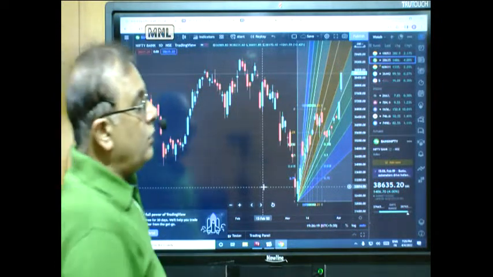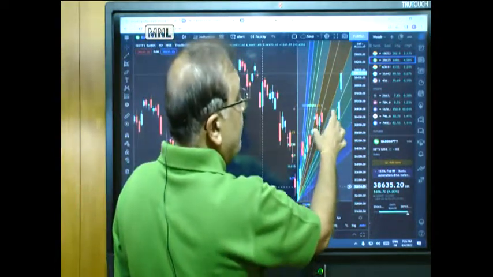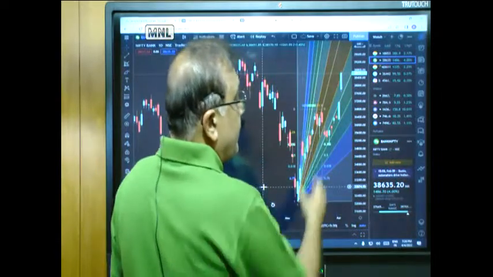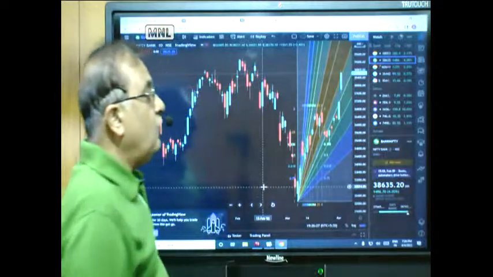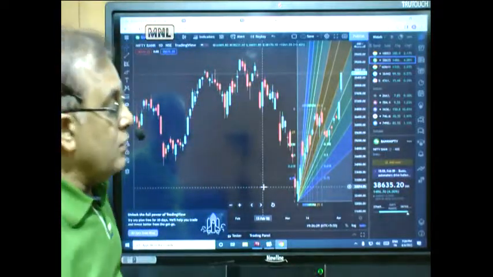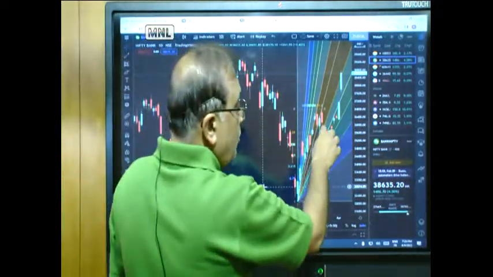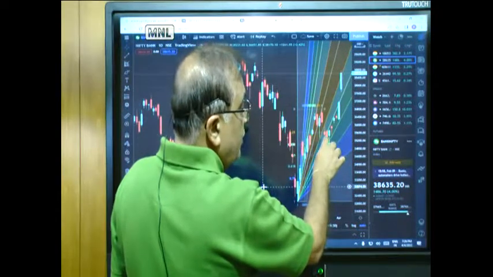Then when we draw this, we know very clearly where the levels of support and resistance kept coming, because that line kept on telling us to what extent the Bank Nifty can move, because the movement, the 0.382, it fell down to the Fibonacci fan of 0.382.